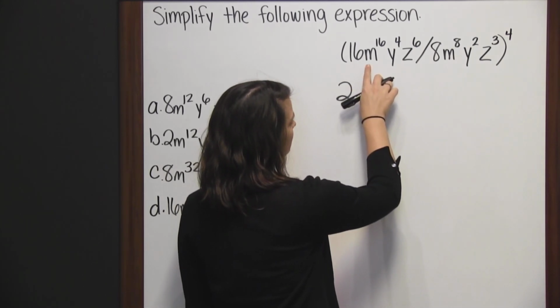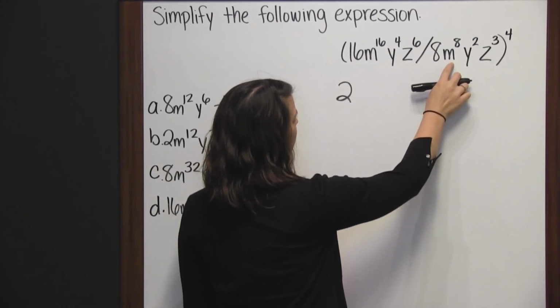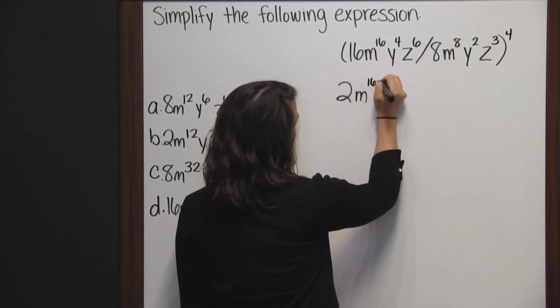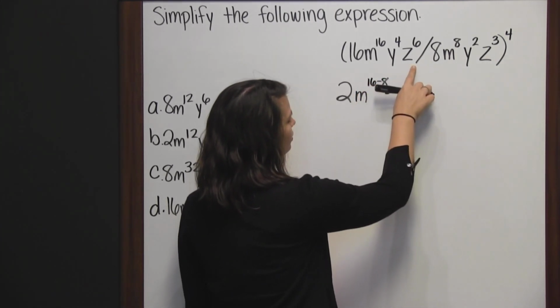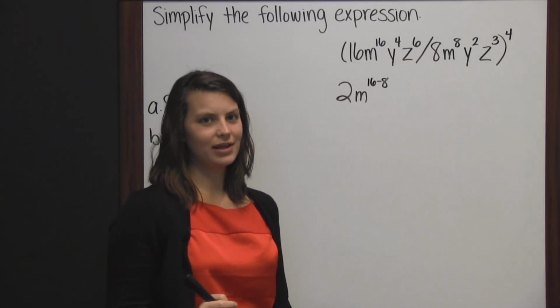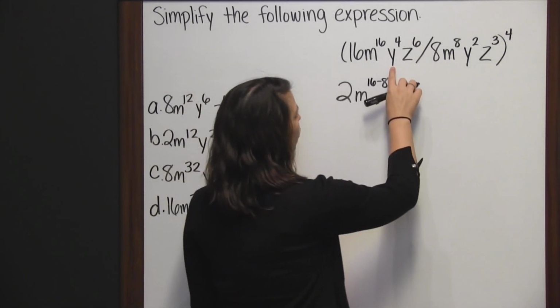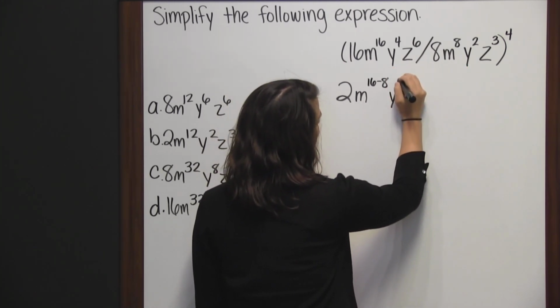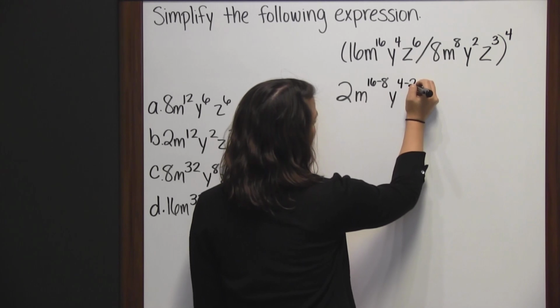Then m to the 16th divided by m to the 8th is m to the 16 minus 8, since when you divide like bases, you subtract the exponents. Y to the 4th divided by y squared is y to the 4 minus 2.